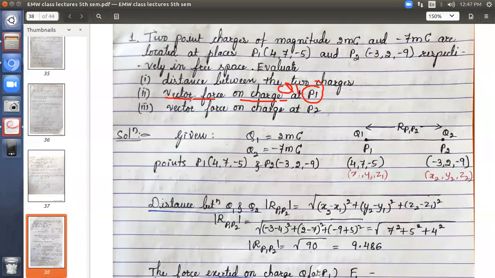So this question is actually like this: vector force on charge Q1 at point P1 is due to Q2, because there are only two charges mentioned in the question. So whichever charge, Q1, if some force exists on that, that force is because of the presence of Q2 only.